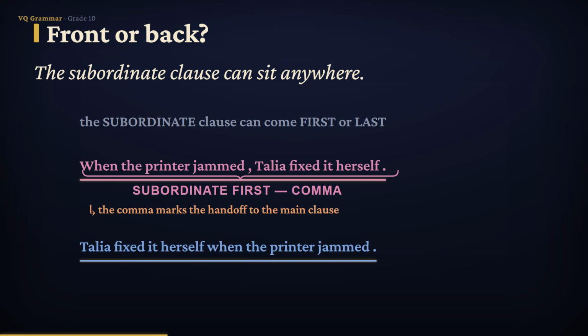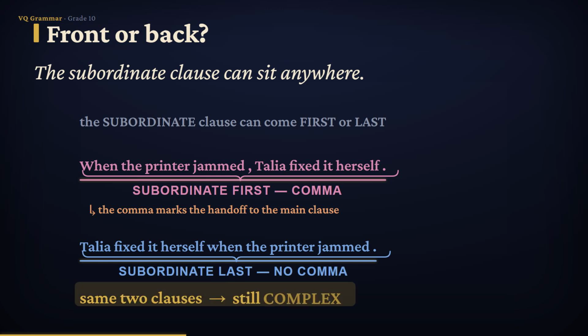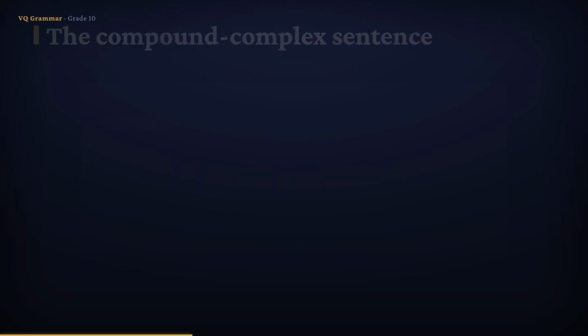Talia fixed it herself when the printer jammed. Exactly the same two clauses, just flipped. And when the subordinate clause comes last, you usually drop the comma. Notice what did not change. There is still one main clause and one subordinate clause, so the sentence is still complex. Position is style. The count is what names it.